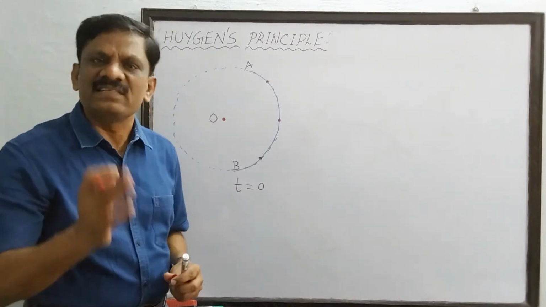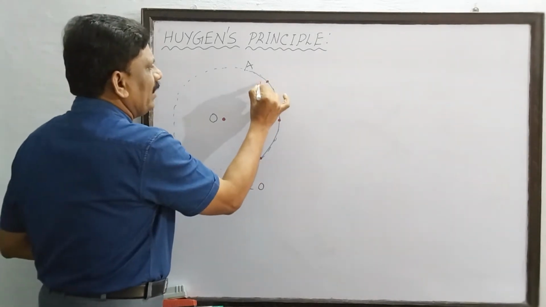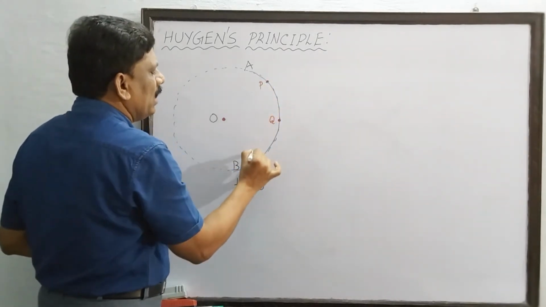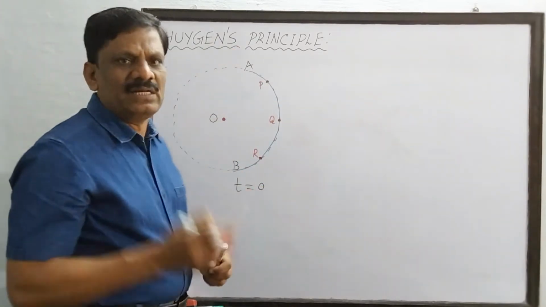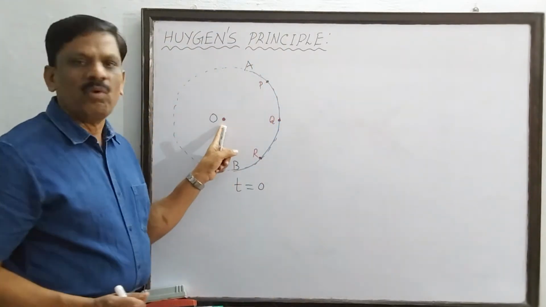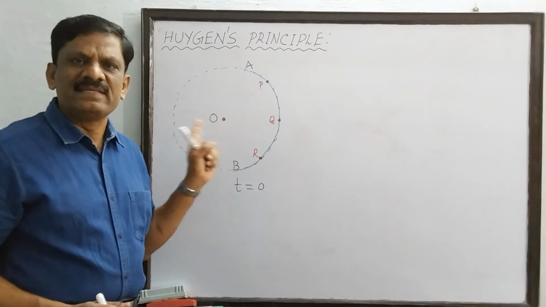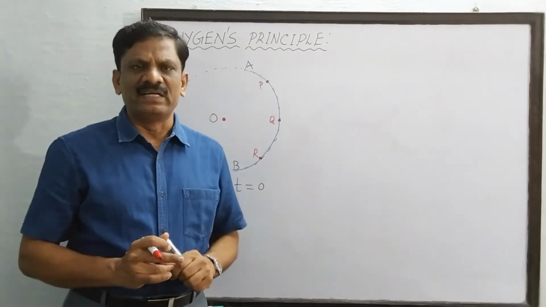Now, Huygens says that each point, say for example P, Q, R, on the given wavefront AB will also act as a point source similar to that of O. Because O is a point source at a finite distance, it emits a spherical wavefront.